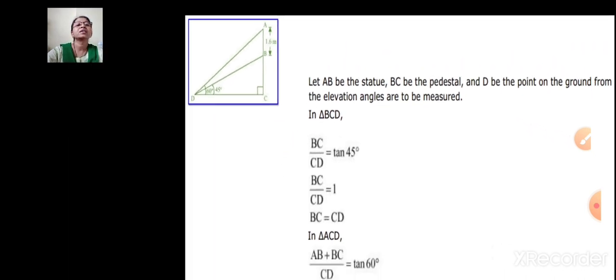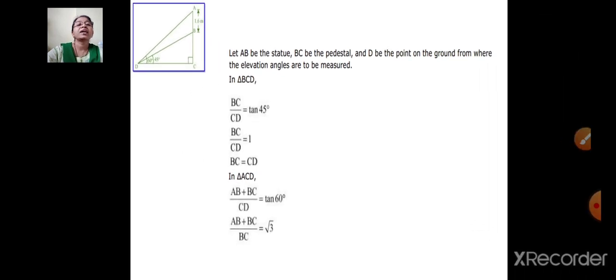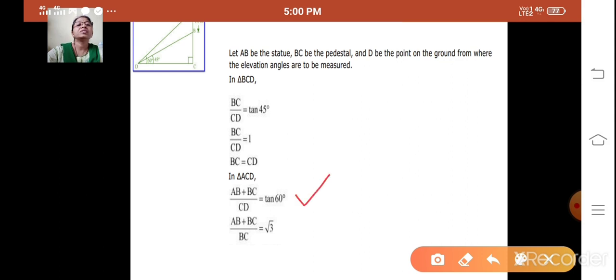Now next, come to the triangle ACD, the bigger triangle. There tan of 60 degree is equal to opposite side, which is AC. So AC can be split into AB plus BC. So instead of writing AC, we have written AB plus BC divided by adjacent side CD, right?